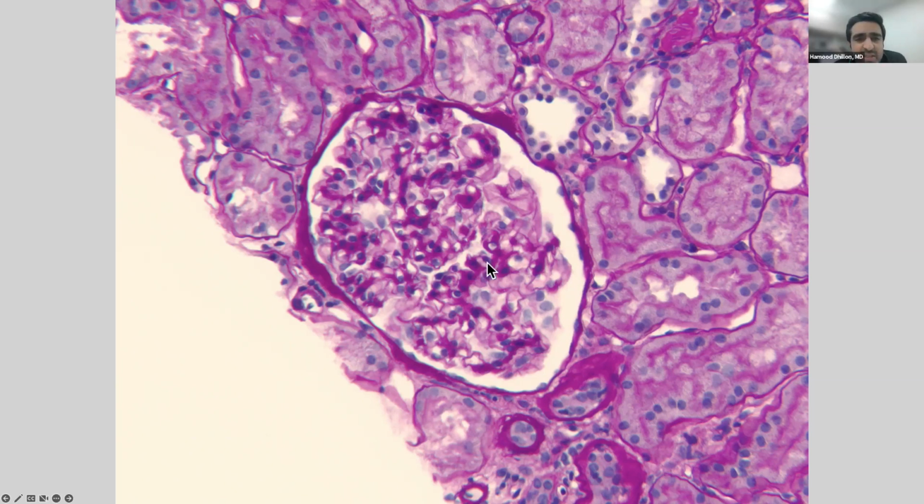The matrix, a little bit maybe. I see a little deeply stained area in between cells as well. So there's some mild mesangial expansion. In terms of membrane thickness, I think it's okay. I don't feel like there is any thickening.